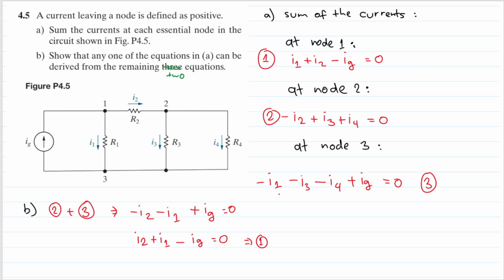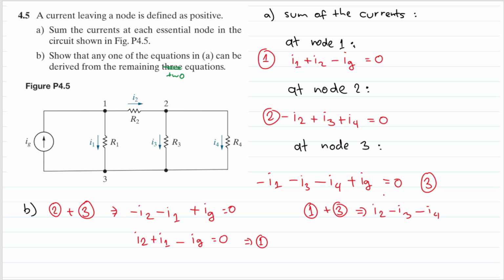Okay, and we can also add 1 and 3, so we'll have 1 plus 3. I1 and minus I1 will cancel each other. We still have I2, and then we will have minus I3 and minus I4.